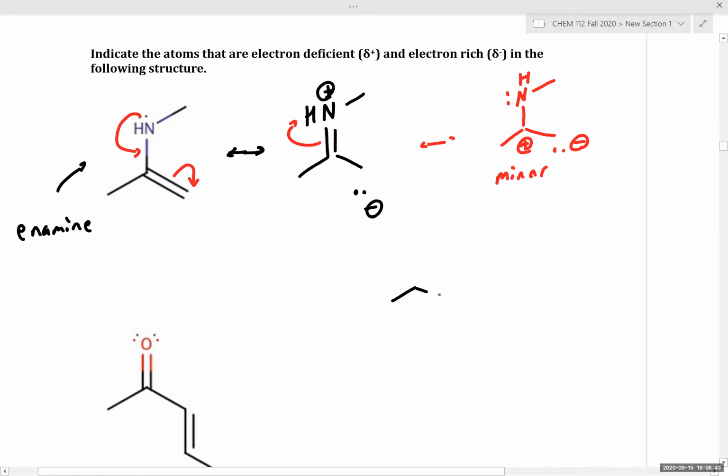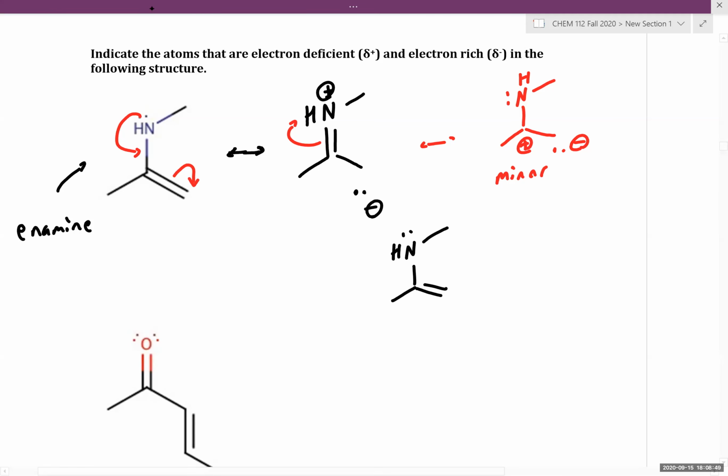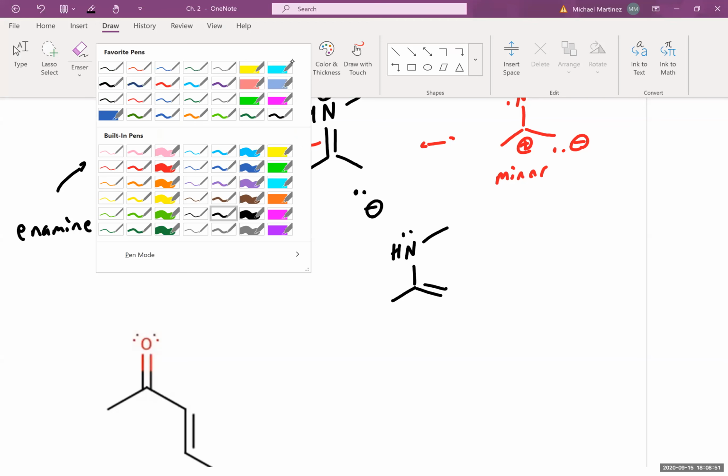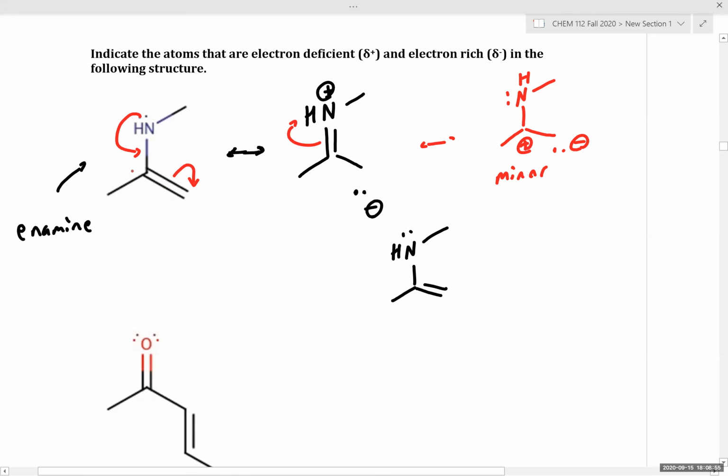So let's do a little bit of a map now and identify, in each of our resonance structures, which atoms have a negative formal charge, which atoms are electron rich. Which atoms contain lone pairs or contain a partial negative charge?